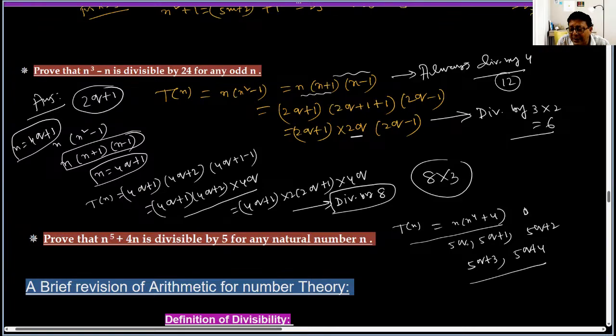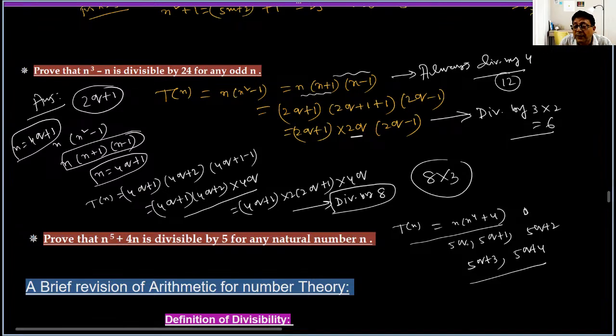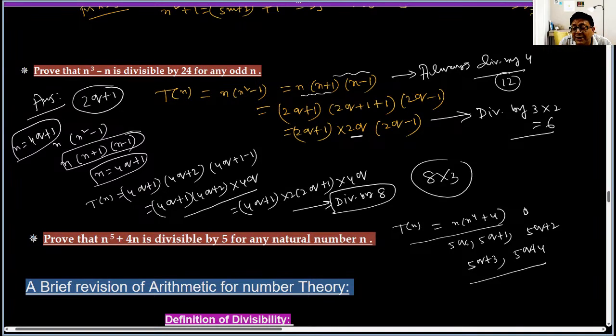For n equal to 5 cube plus 1, is it divisible by 5? Yes, of course. When you put 5 cube plus 1 over there, all the terms contain parts of 5, and 1 is the remainder. That remainder plus 4 will make this one divisible by 5. For 5 cube plus 2, if you put it there, all terms in that expansion, all of you know the a plus b whole square formula.